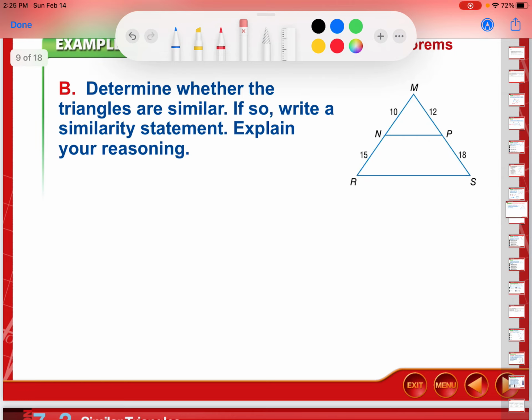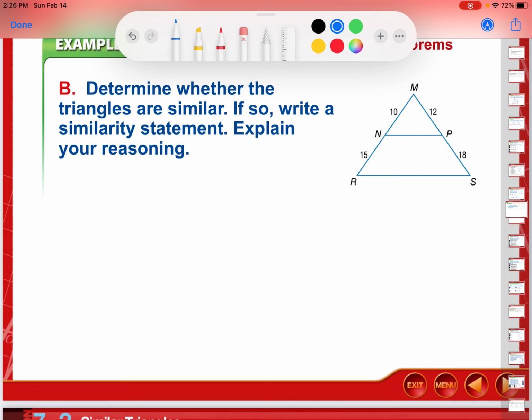I forget exactly what that's called. I'm going to call it slasher theorem because it sounds awesome. But anytime you have a big triangle with a line cutting it into a smaller triangle, I should say anytime it's a line that's parallel to the initial side, then you have similar triangles. But anyway, if so, write a similarity statement.